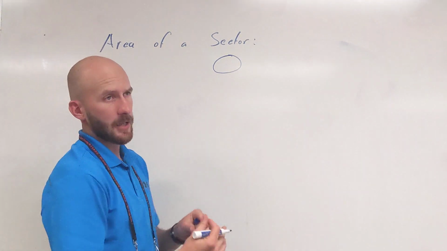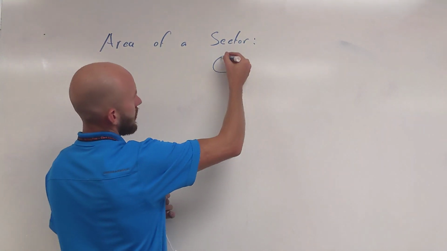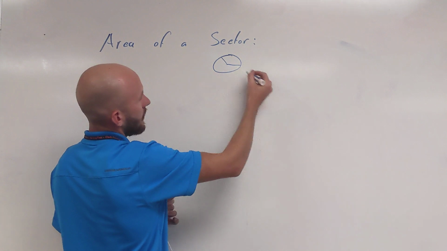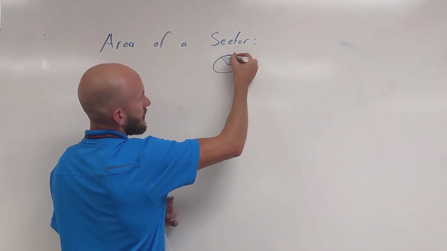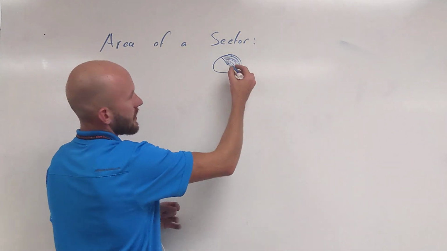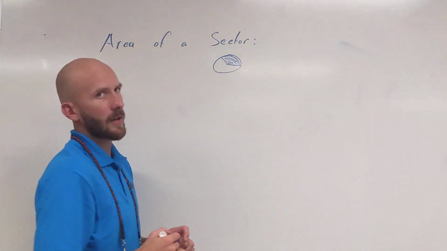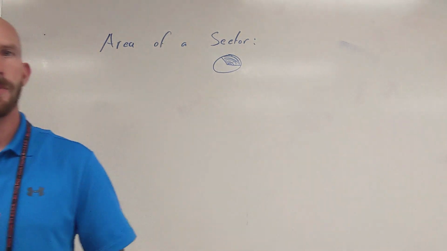Typically it's a shape kind of like a piece of pizza, but it can be bigger than that. It's typically made of an angle, and then it's going to be this shaded region, something like that. It could be varying angles. It could be a tiny little sliver like that. Think about it kind of like a pie chart, and the area of that piece.